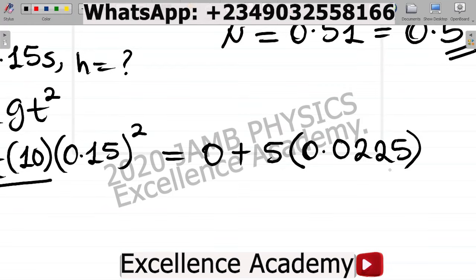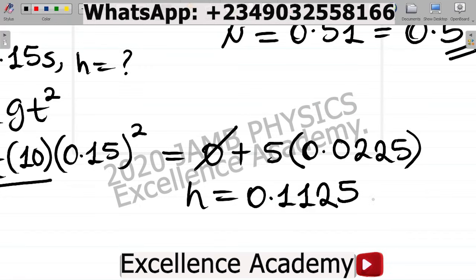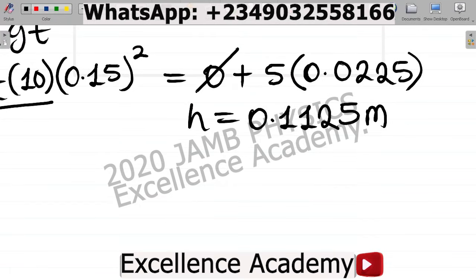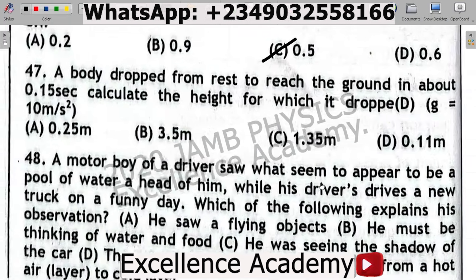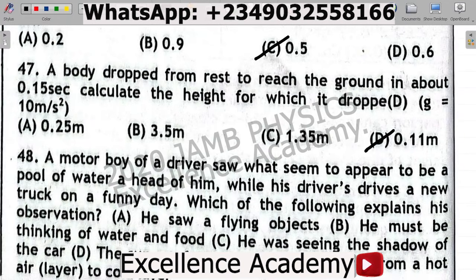Working on this, h is equal to, of course, the zero goes off, and this times 5 gives you about 0.1125, in meters. My options are all in two decimal places, so in two decimal places my answer is 0.11 meters. For this question that is option D, 0.11 meters.